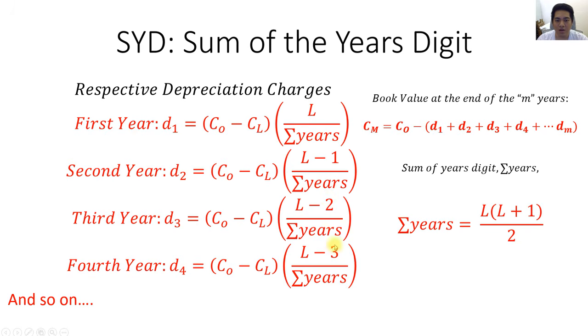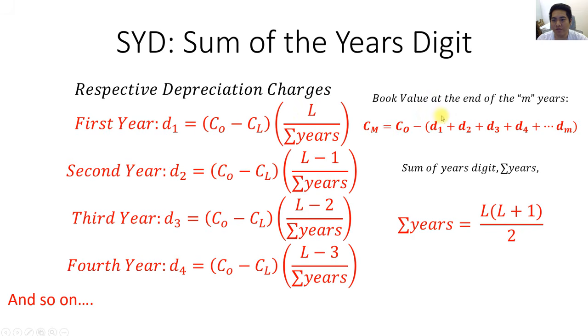For the fourth year depreciation value, we have L minus 3, and so on as the years go by, depending on what is being asked in the problem. So that will be the pattern: for the fifth year it will be L minus 4, for the sixth year L minus 5, etc. That is how you get the depreciation charges per year.